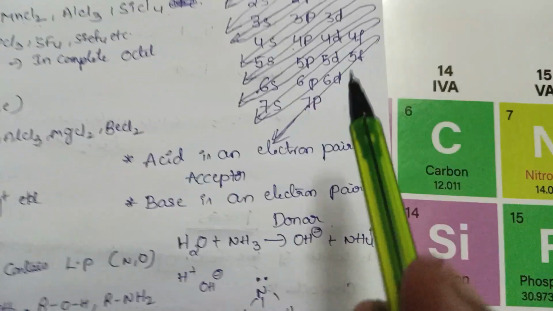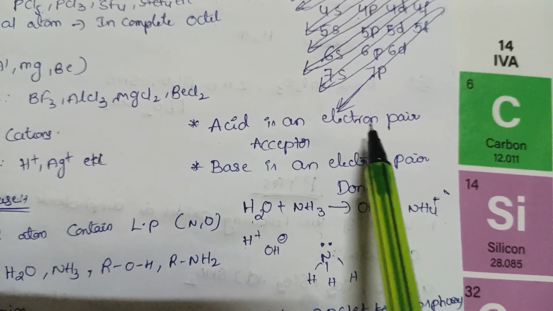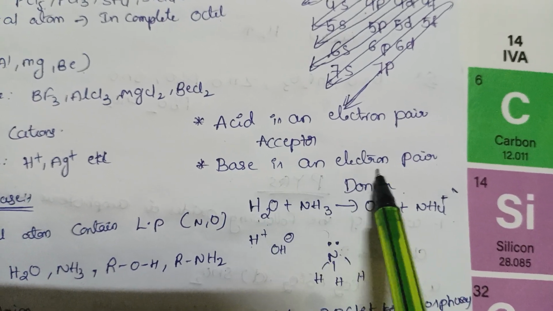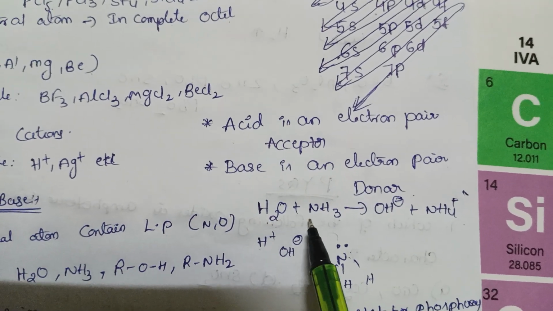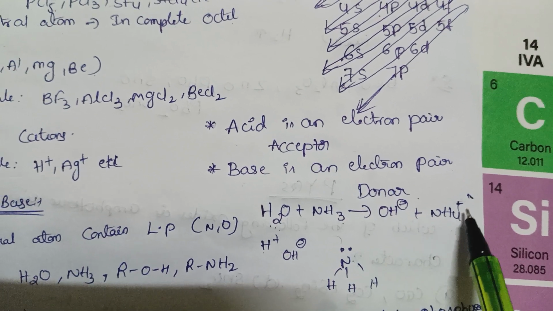What is a Lewis acid? An acid is an electron pair acceptor, and a base is an electron pair donor. Take one example: H2O plus NH3 gives OH minus plus NH4 plus.